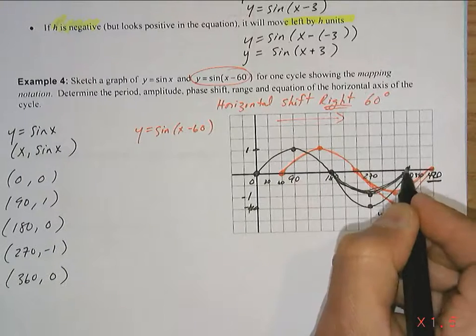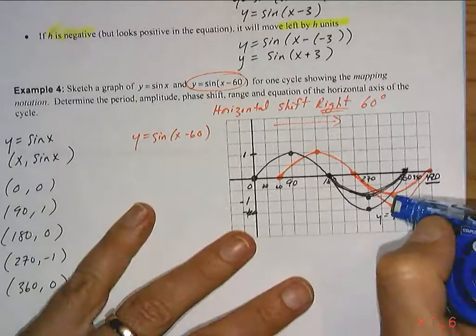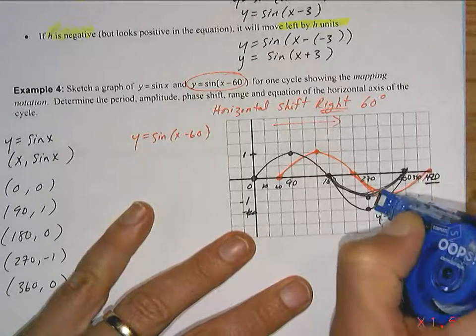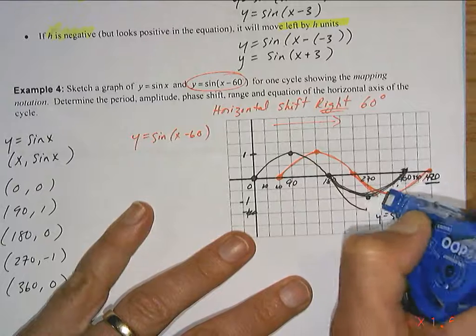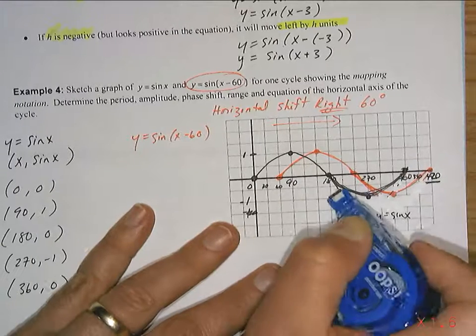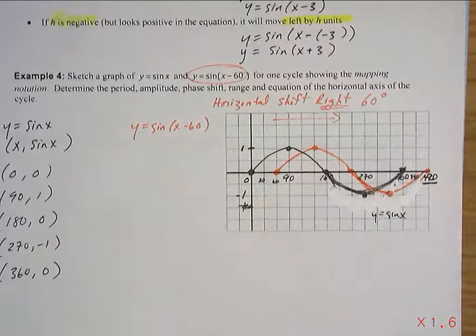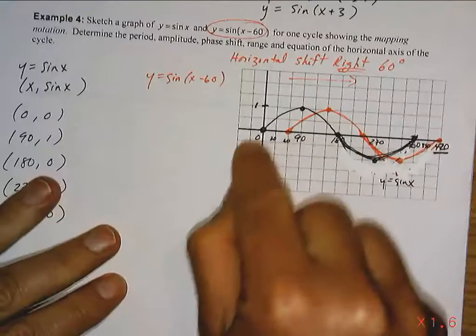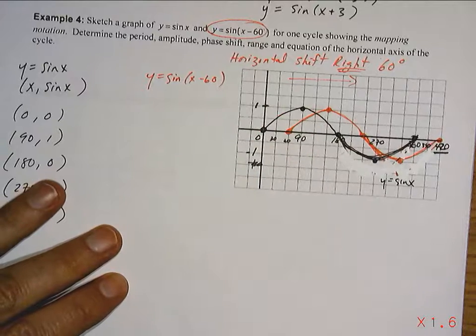There we go. This curve does not go down that low, and that does not go down that low. There we go. So what happened was this curve got moved to the right 60 degrees.